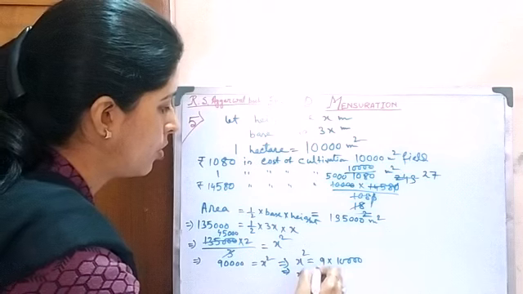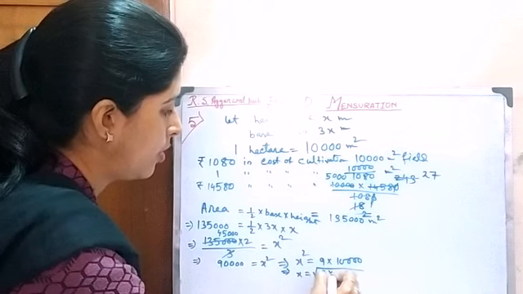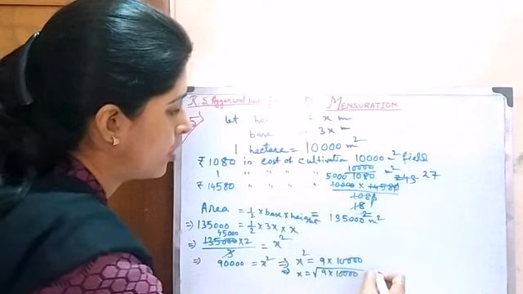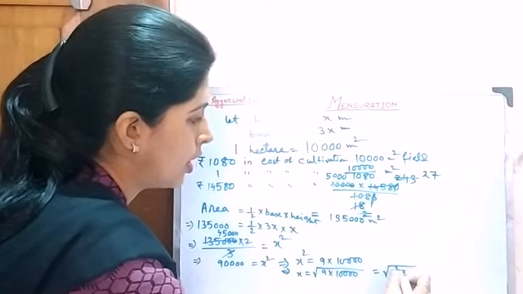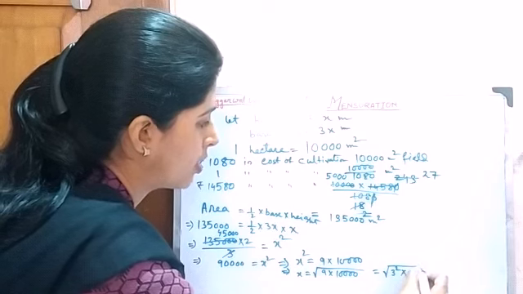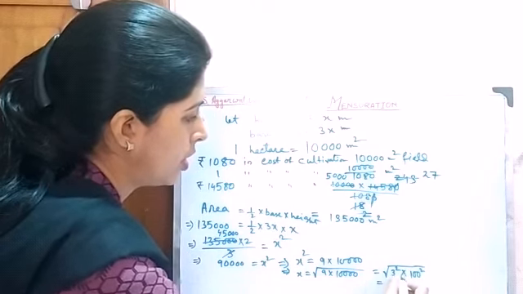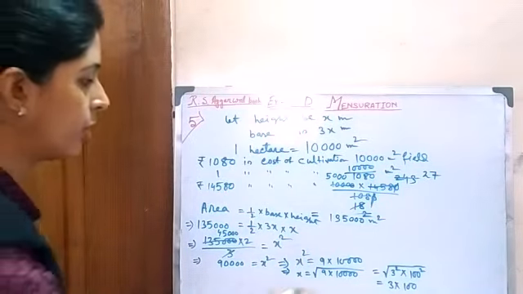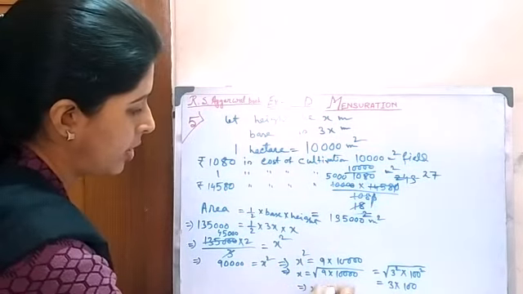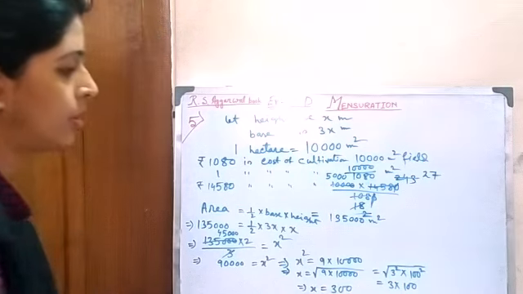X equal to root over 9 into 10,000, equal to root over 3 square into 100 square. So it is 3 into 100. That means x equal to 300.